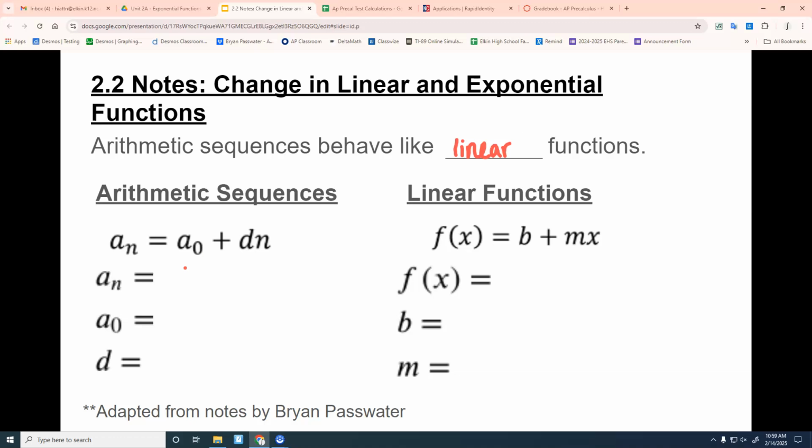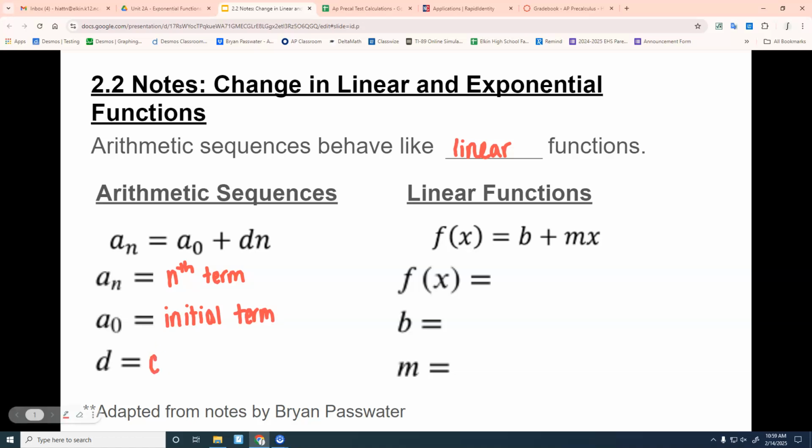So in an arithmetic sequence, a sub n is your nth term. A sub 0 is your initial term or initial value.